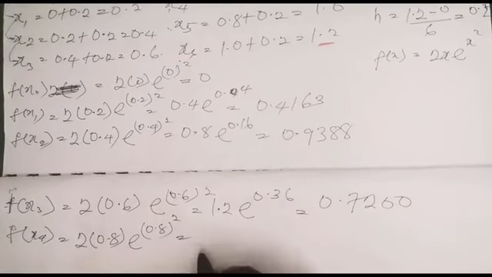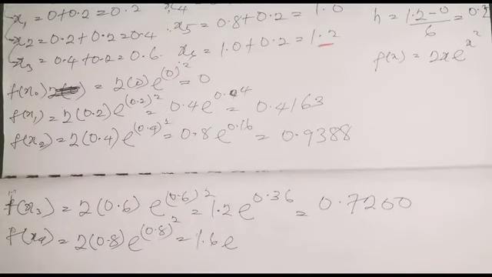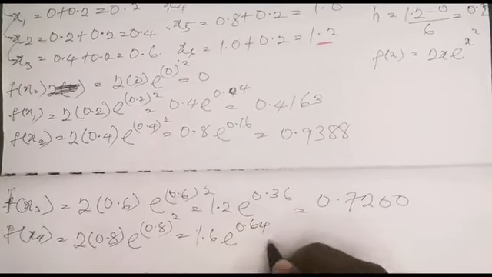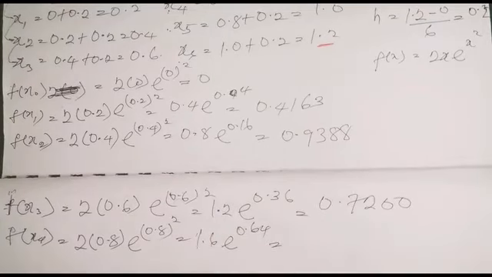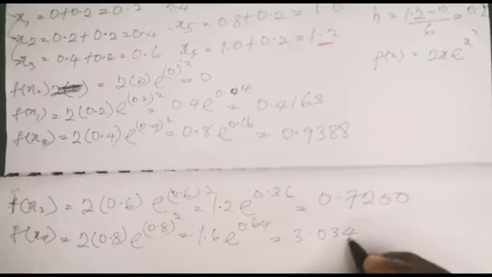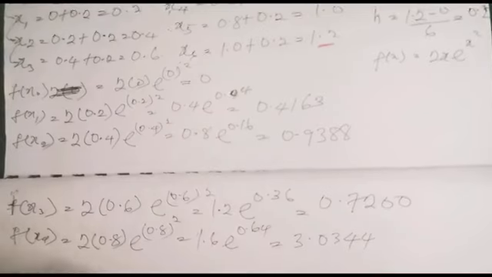So you have 1.6 exponential. Now we find 0.8 squared, that gives us 0.64. So exponential 0.64. So let's see what this gives us. 1.6 exponential 0.64 gives us approximately 3.0344.